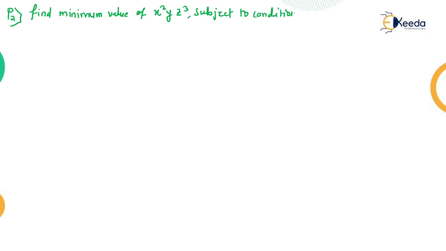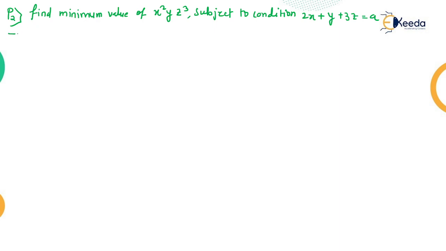So problem number 2: find the minimum value of x square y z cube subject to the condition 2x plus y plus 3z equal to a.